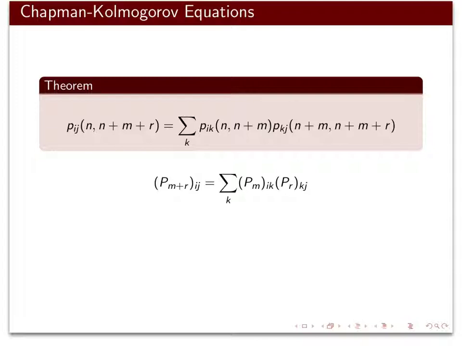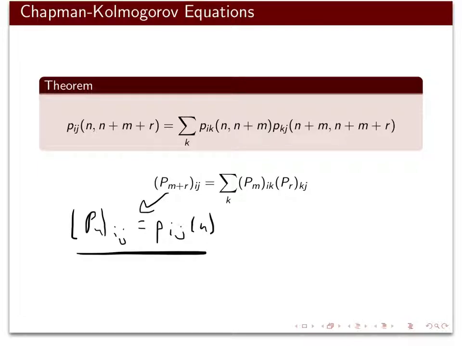Now let's introduce a little bit more notation. Pn is the matrix whose entries are Pij of n steps. So this is the n-step transition matrix. So P^(m+r) of ij is the probability to go from i to j in m+r steps. Here again, this is the time homogeneous case.